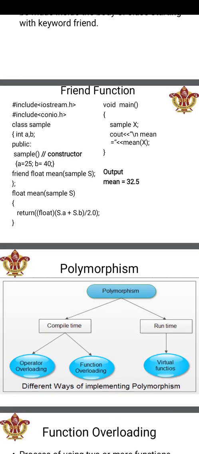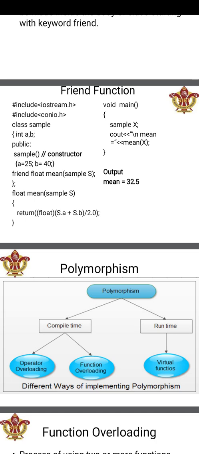Since this mean function is the friend function of this class, we are able to access the private members also inside this function. So s dot a plus s dot b will access a equal to 25 and b equal to 40, and then we are dividing it by 2.0.